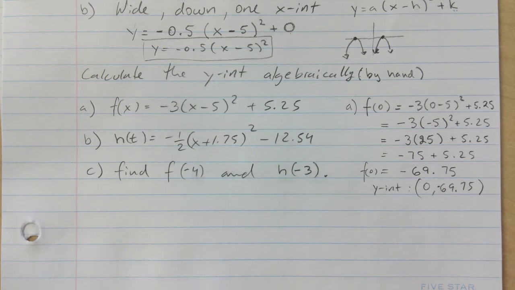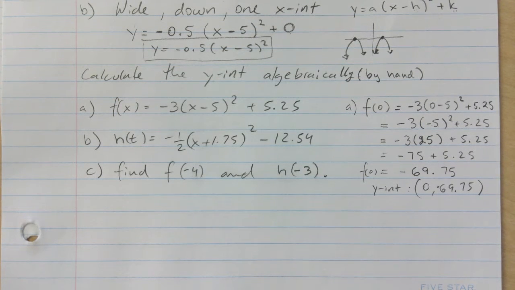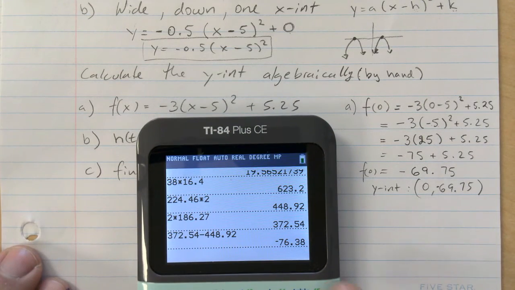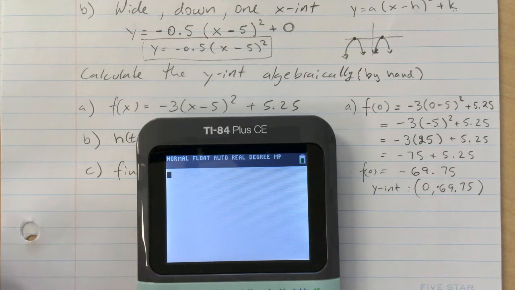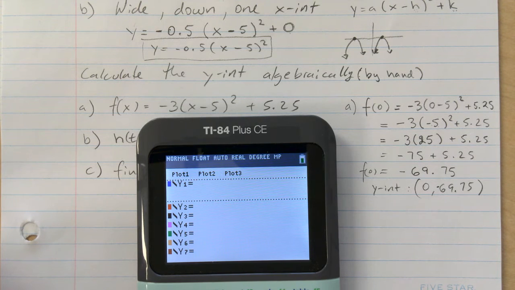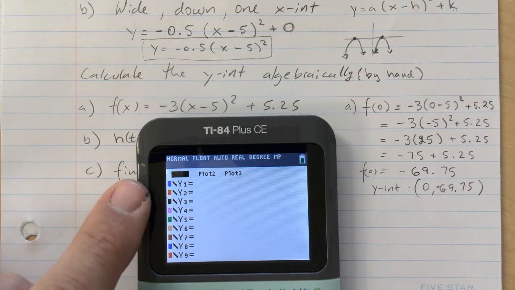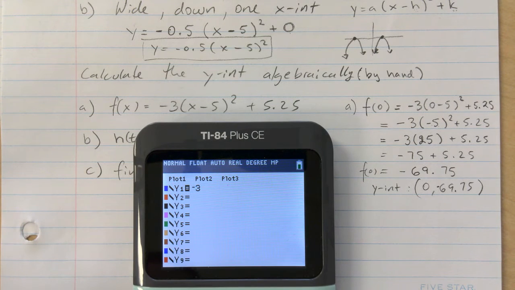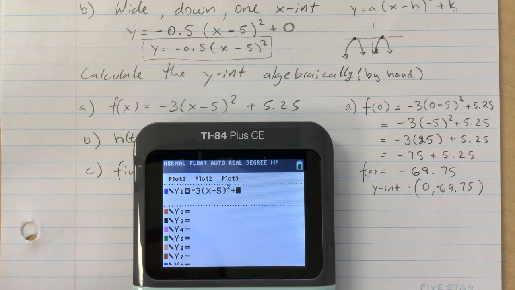Now, there's a way to confirm this, right? To make sure you got it right. That's where your handy dandy calculator comes in, right? So I will just show you how this is done. If you want to follow, you can do that. Plot 1 is turned off because I'm manually entering it, but you go -3, and then it's x minus 5 squared plus 5.25.